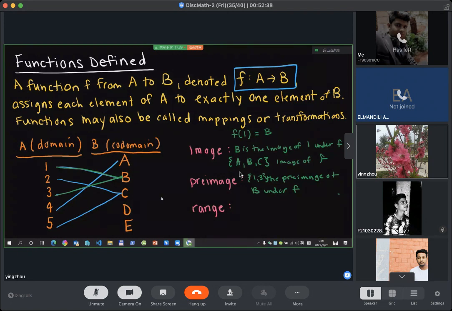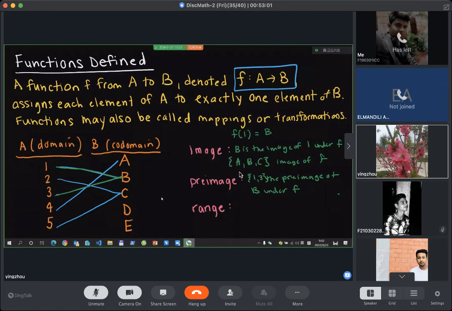Also, let's talk about the range. Again, A is the domain, the set of all x's. D is the codomain, the set of all possible y's. And notice it's not necessary for each element of the codomain to be mapped to from the original domain.